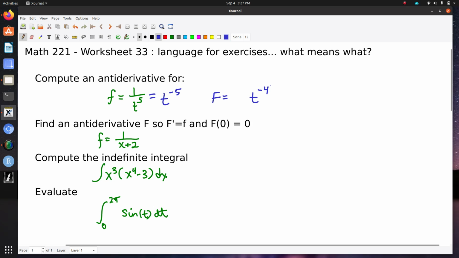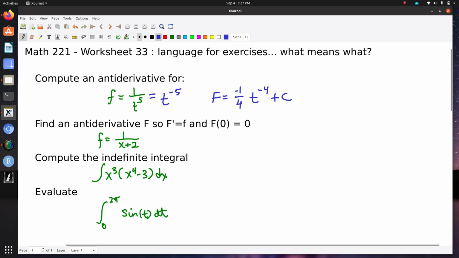But the problem is that if I were to take the derivative of that, I get a -4 out front. So I must divide by -4, and then there's a constant that may or may not be there, but it's not required in this specific instance. When I ask for the indefinite integral, then I mean that you have to add the plus c. If I say compute an antiderivative, it's implied that you can leave it off. It doesn't technically have to be there.